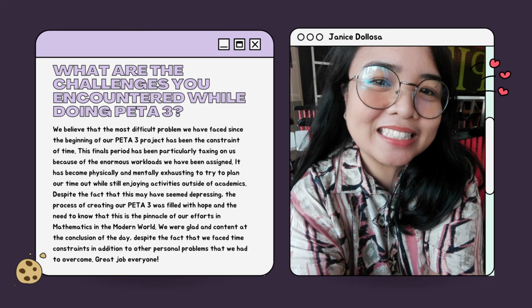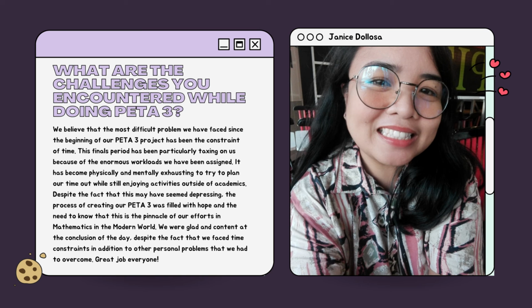We believe that the most difficult problem we have faced since the beginning of our PETA 3 project has been the constraint of time. This finals period has been particularly taxing on us because of the enormous workloads we have been assigned. It has become physically and mentally exhausting to try to plan our time out while still enjoying activities outside of academics.